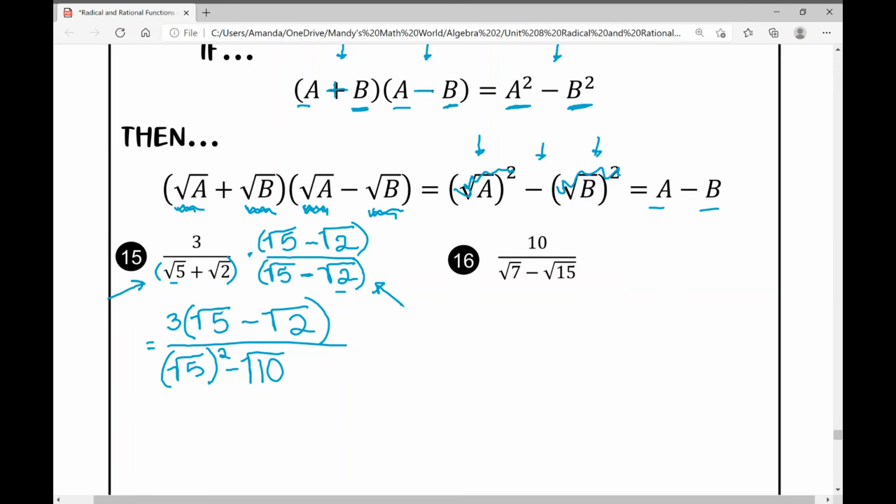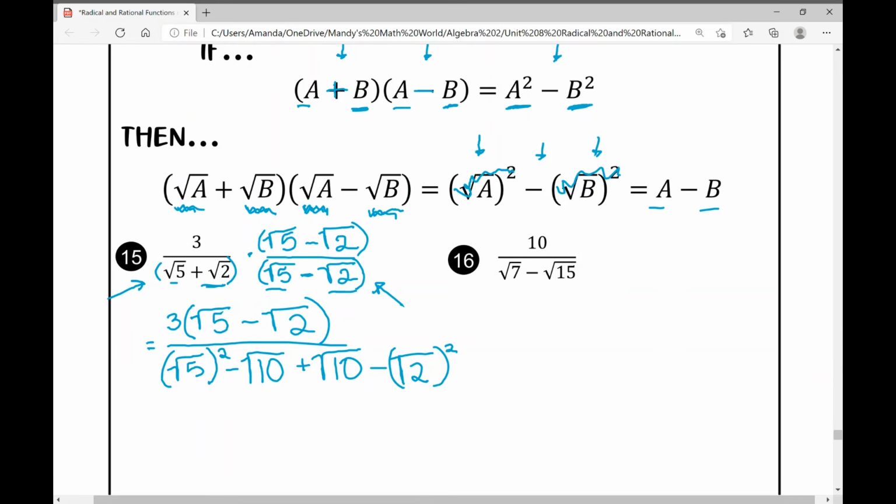The inside terms, the square root of 2 times the square root of 5 would be plus the square root of 10. And then the last terms, square root of 2 times the negative square root of 2, which would be the negative square root of 4, but I'm just going to write negative square root of 2 squared.